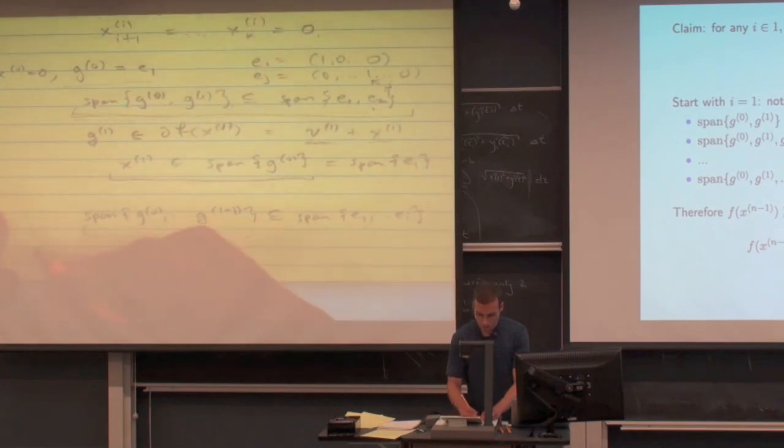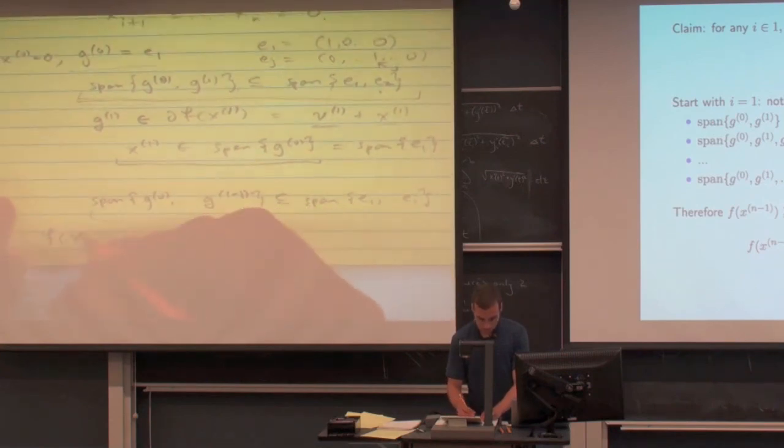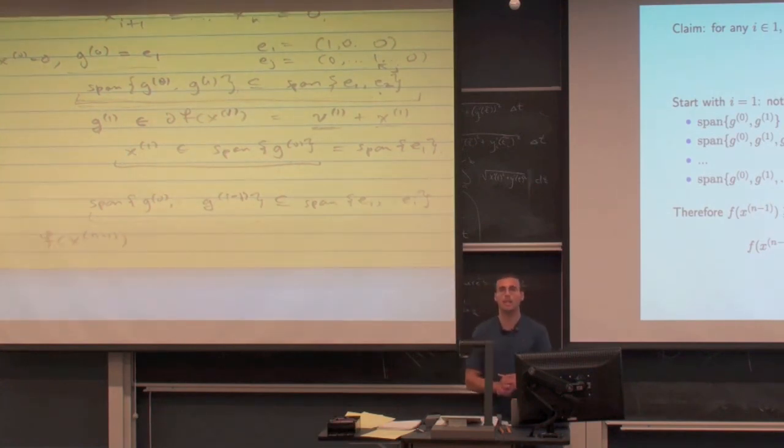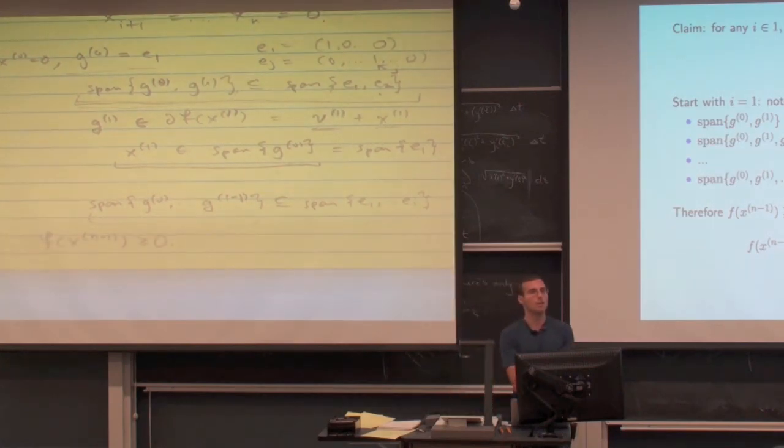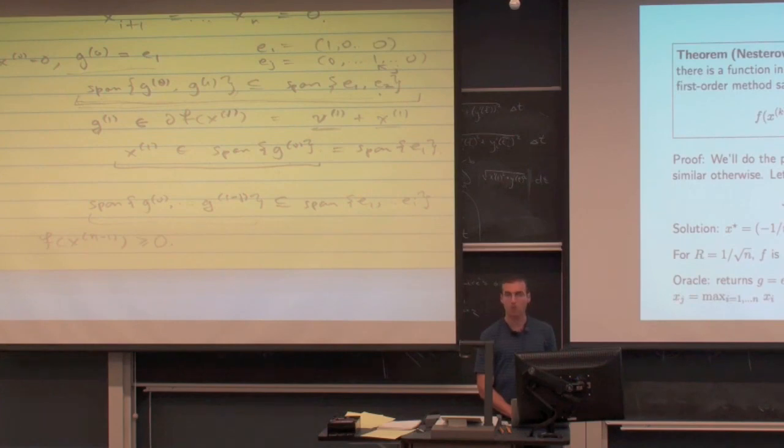Okay, so now let's look at f of x_{n-1}, the point after n minus 1 iterations. Remember, we were taking k to be equal to n minus 1 because it made the proof simple. Then that's at least 0 because the nth component of x is 0. So the max is at least 0. And then the second part of f was just the square term, 1/2 norm of x squared.